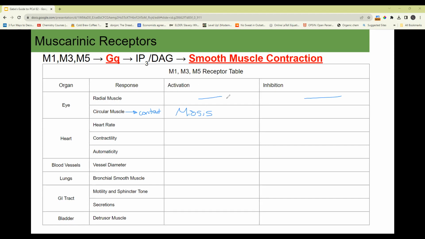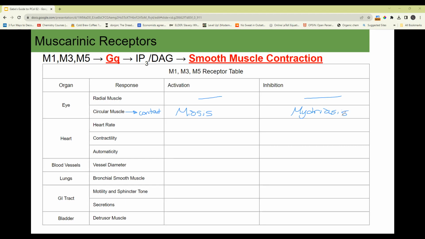Can we activate a muscarinic receptor to cause mydriasis? No. There are no muscarinic receptors in the radial muscle to pull the pupil open. So if we want to cause mydriasis, we need to inhibit M1, 3, and 5.